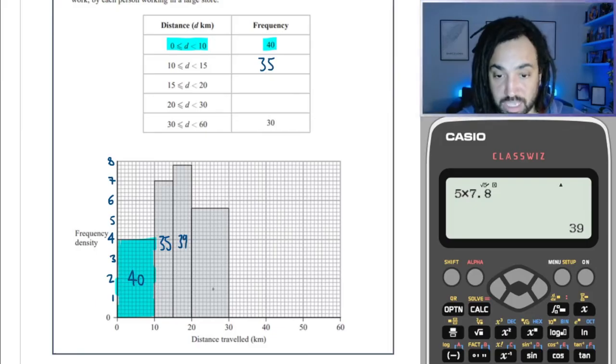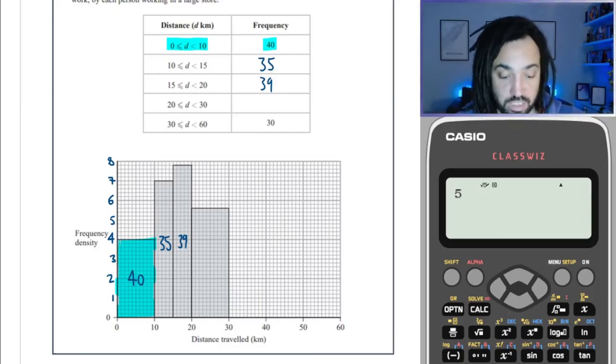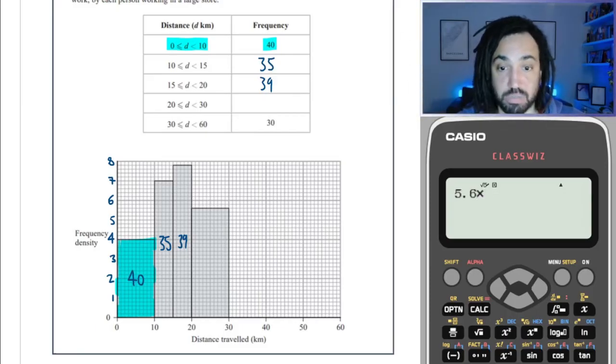And then this one here has a width of 10 and a height of 5.6. You see that each small box is 0.2, so that is 5.6, and that needs to be multiplied by 10, so obviously 56.